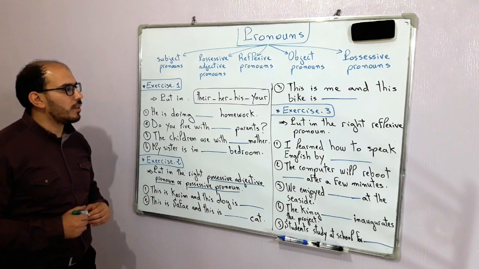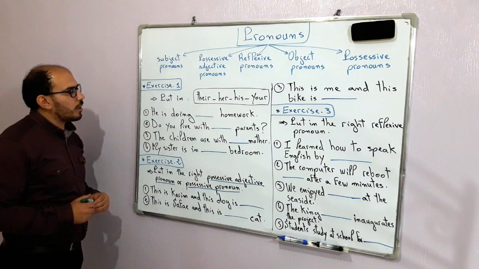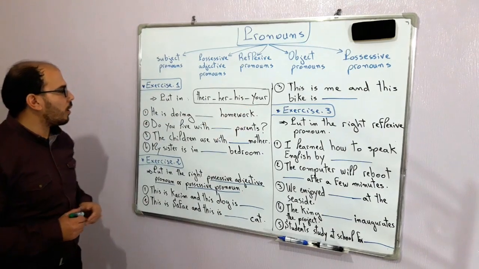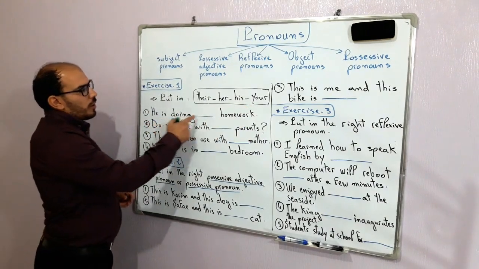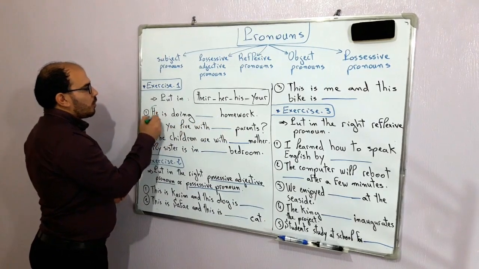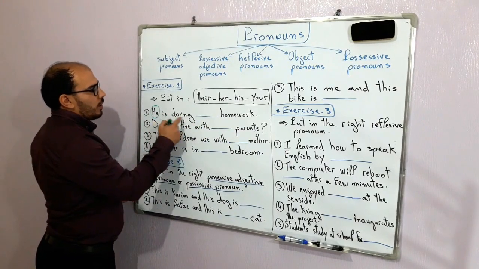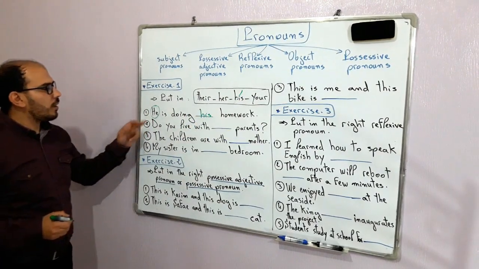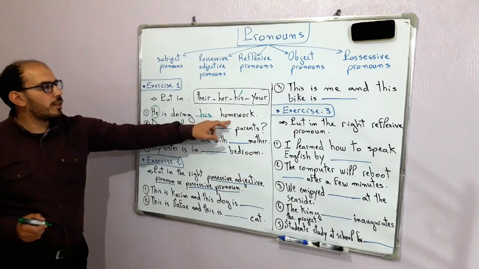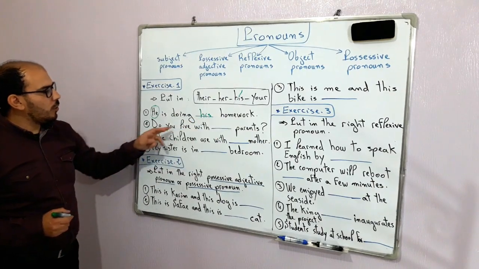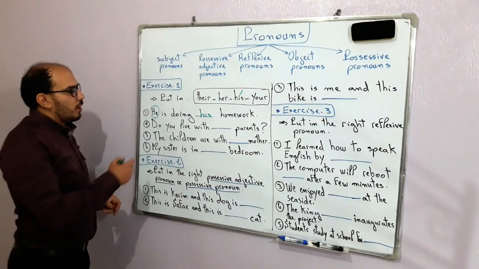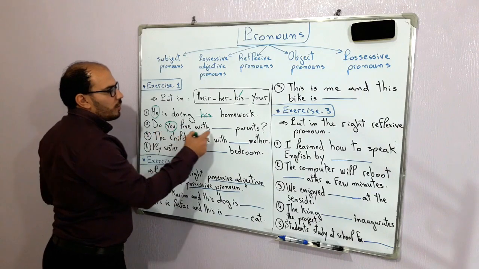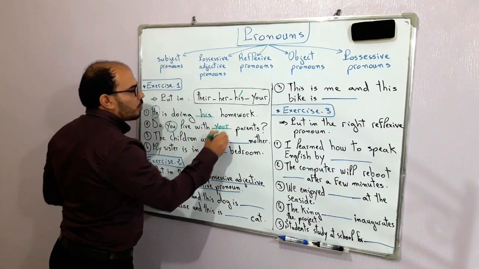Right, so for exercise number 1, we have to put in them, her, his, and your. He is doing homework. Because we are talking about he, he is doing his homework. Do you live with parents? Here we are talking about you, so do you live with your parents?